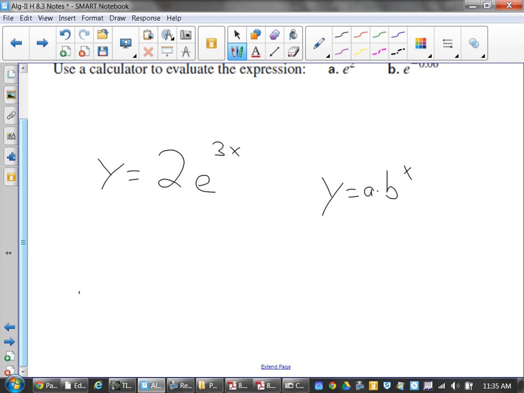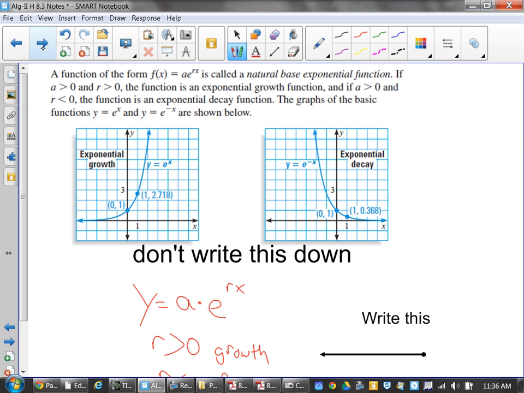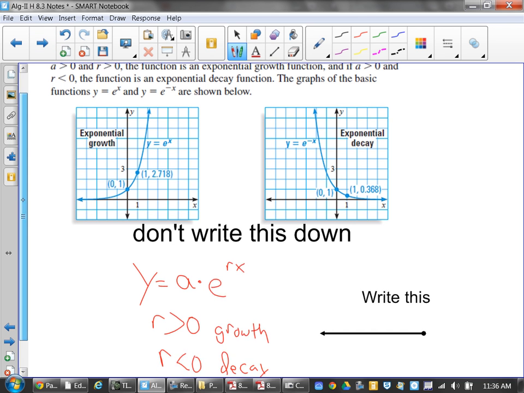Okay? It's the same pattern of exponential growth or exponential decay. The only difference is how you tell which one is which. The one has an E. Basically, it's a lot of words that means just this.